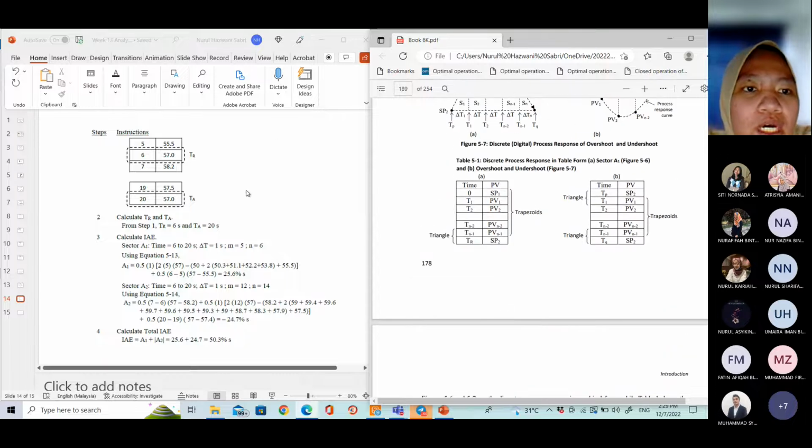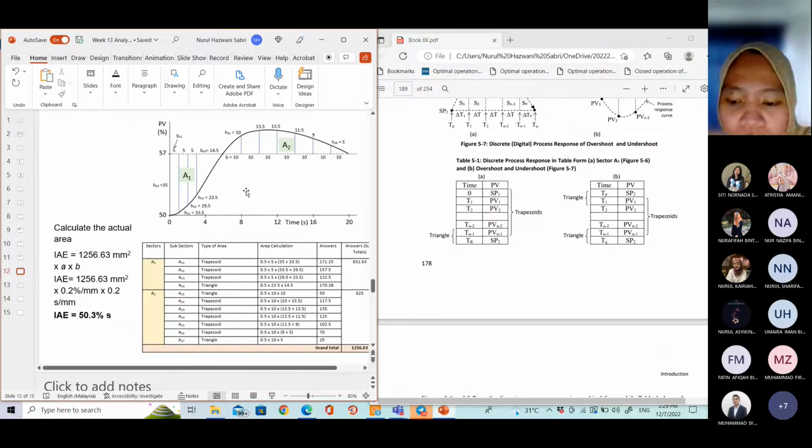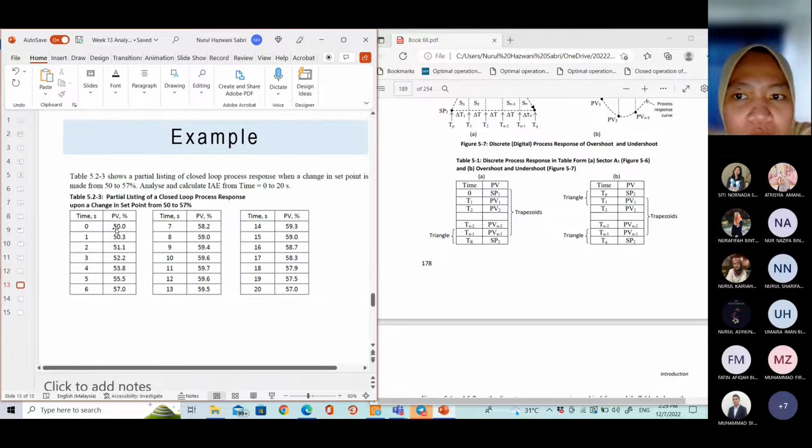Okay, we see the first region, your PV1 is starting from 50.3. Your 50.0 is your set point number 1. Okay, you kena identify like that lah. When you calculate the area under the curve, you need to identify where is your PV1, where is your PV2, where is your SP1, where is your SP2. So you will take the value of 50.3 until PVN minus 2, which would be 53.8 according to the table lah.